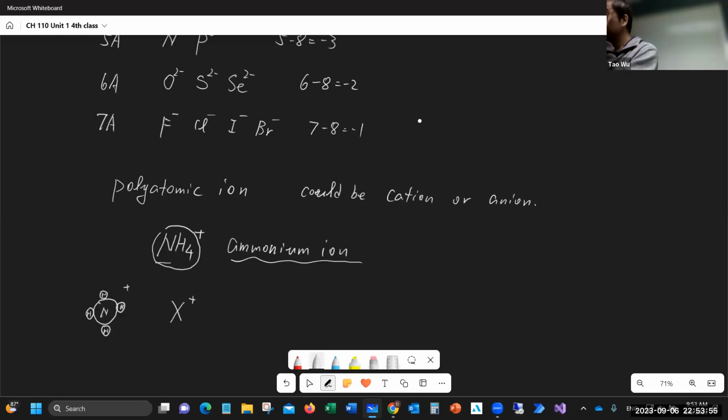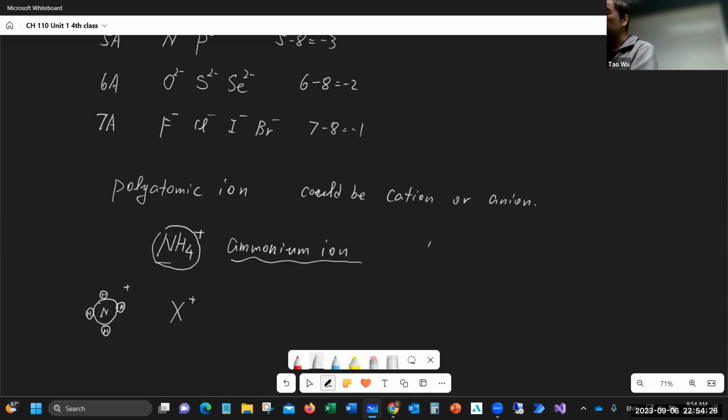You cannot separate the particles inside of the polyatomic ion. When they react, they react as one. When they move, they always move as one, and when they count, they always count together.